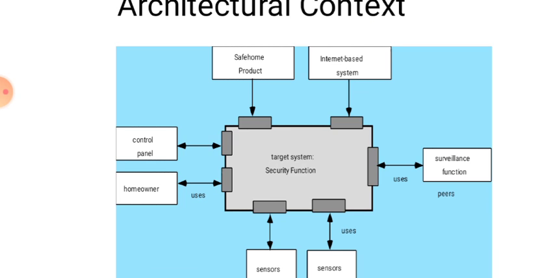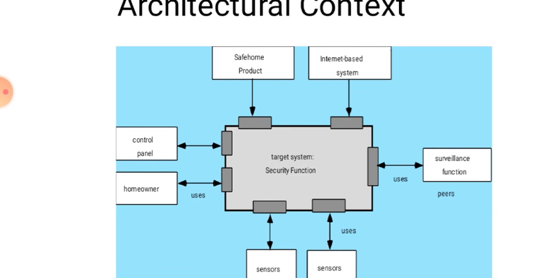Then superordinate systems are the SafeHome product and the internet based system. Subordinate systems at the bottom are the sensors, and the peers are the surveillance function, which you can find at the right, and towards the left the actors are nothing but the control panel or the homeowner.